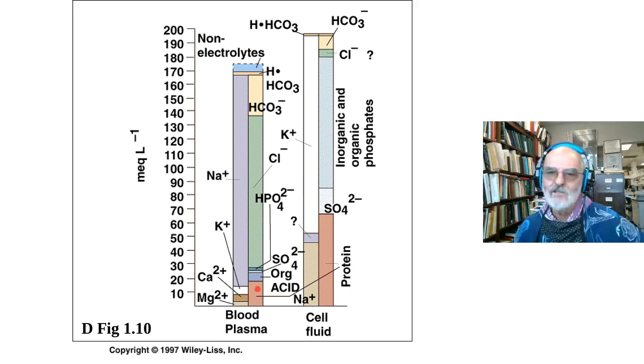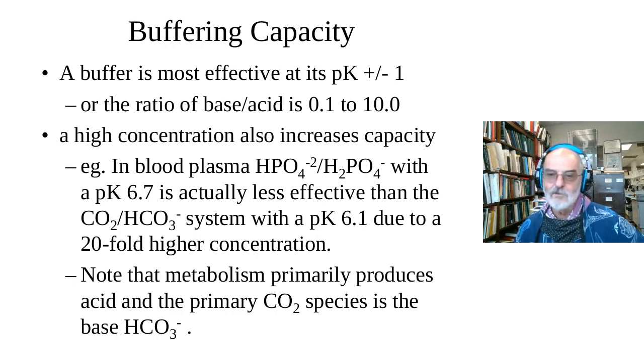In your serum, this is saying milliequivalents, it's around 70 mg per mil. This is around 20 millimolar, but it's around 70 mg per mil of protein in your plasma. And so it's around, I don't know, that looks 3.5 times as much. So it's around 250 mg per mil protein in your cells, okay? So there's a lot of other stuff that's there that contributes and has to be taken care of.